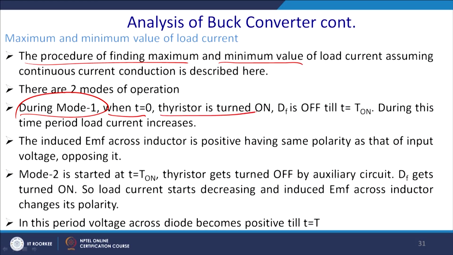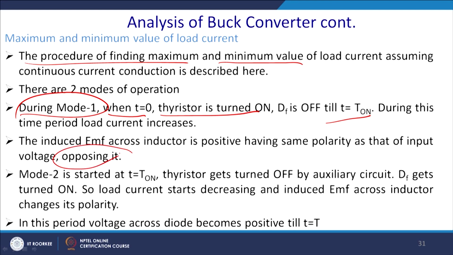During mode 1, when t equal to 0, the thyristor is on, DF is off till t equal to T on. During this period, the load current increases. The induced EMF across the inductor is positive, having the same polarity as that of the input voltage, opposing it.